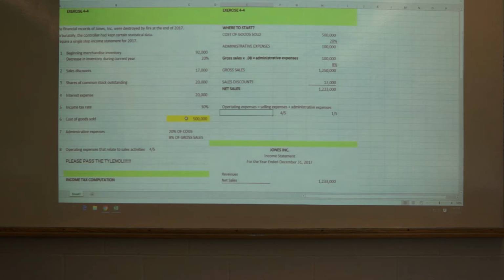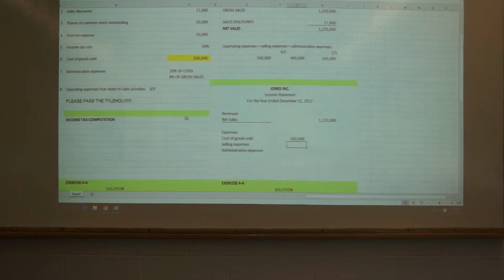So, let's take this from the beginning: administrative expenses are 100,000. If that's 1/5, then the total must be 500,000, because it's 1/5 of that. And so that means your selling expenses must be 400,000. You can see why I say pass the Tylenol on this one, right? Okay, so selling expenses, 400,000.